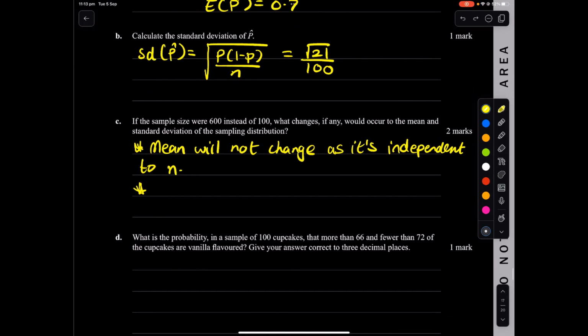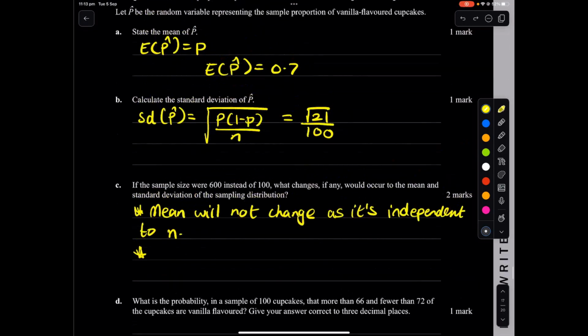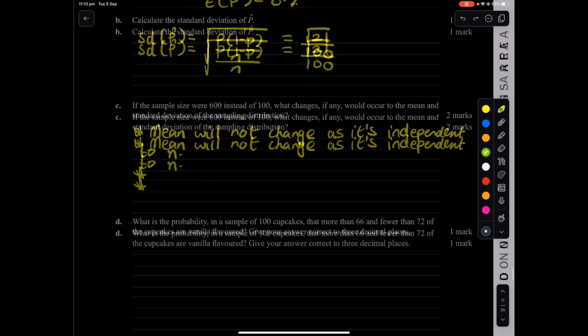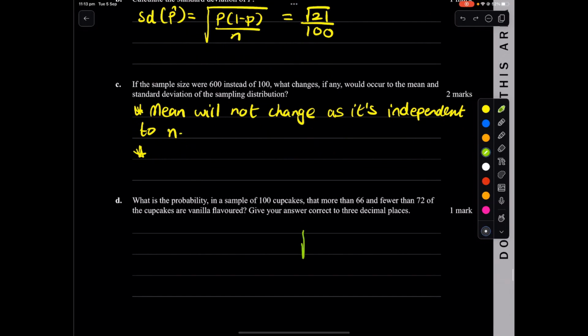To really look at it, if I simplify this, it's the square root of p(1 minus p) times 1 over root n. If n was originally 100 and then became 600, that's pretty much a dilation by a factor of 1 over root 6.